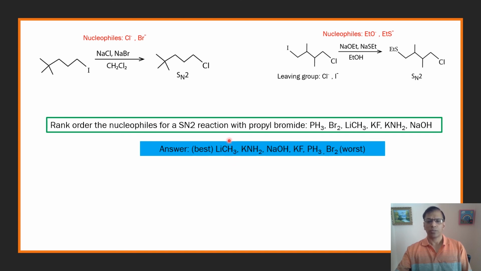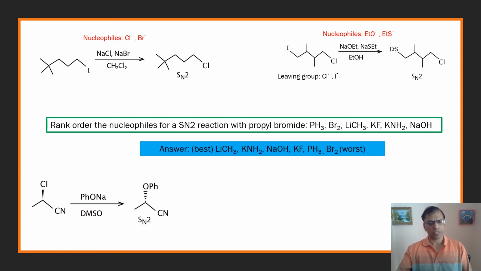And so CH3 anion is the best nucleophile because it can donate its electrons much more easily than fluoride. Fluorine is the most electronegative element, and so it will hang on to the electrons much more tightly as compared to carbon.